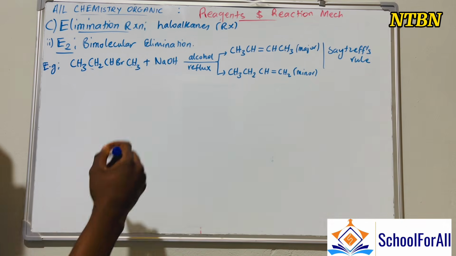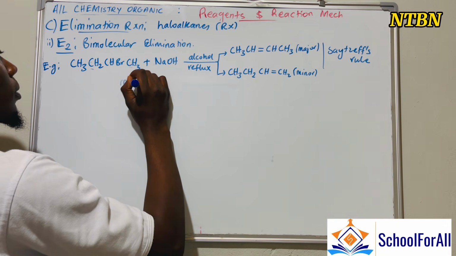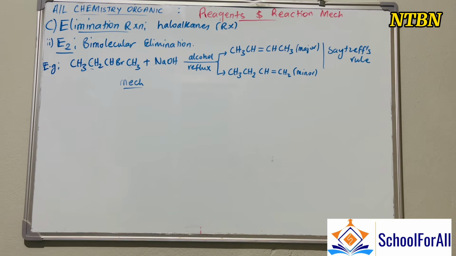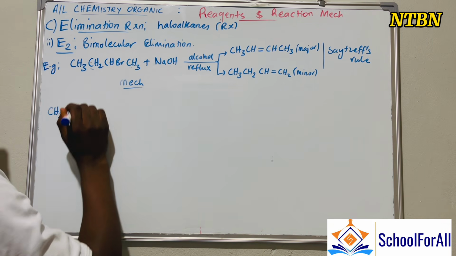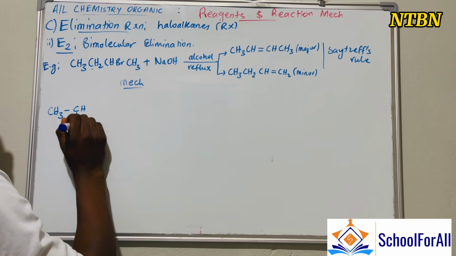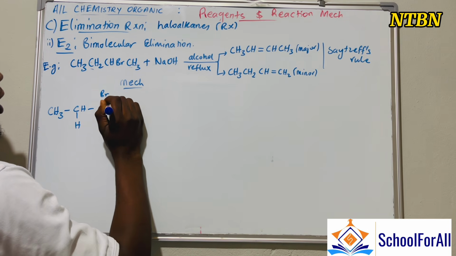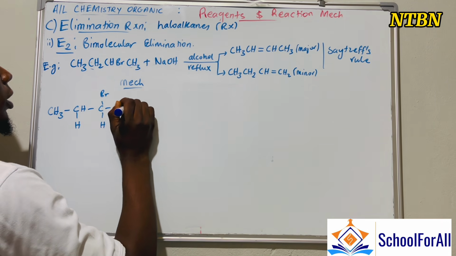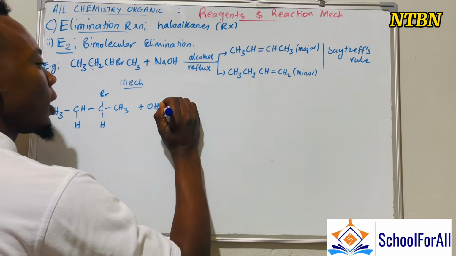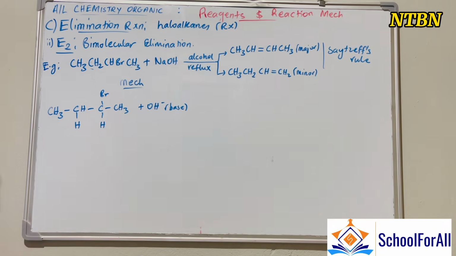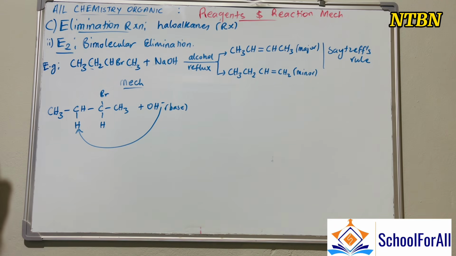Now let us explain the mechanism of the major product formation. So what will happen is that I'll have CH3, C, H, I'll have hydrogen here, I'll have C, I'll have bromine here, I'll have H, and I'll have CH3. I'll have my OH minus, which functions as a base here. So what will happen is that the base comes and removes the hydrogen at this position.